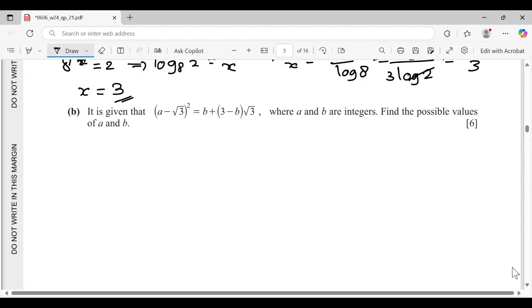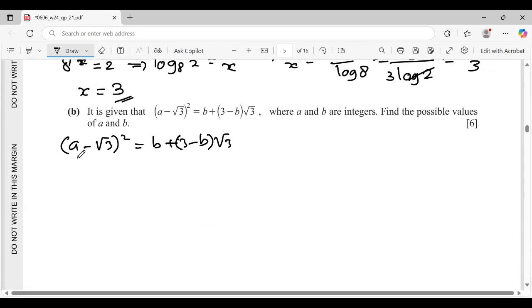Next question. It is given that (a minus square root 3) squared equals b plus 3 minus b square root 3, where a and b are integers. Find the possible values of a and b. So (a minus square root 3) squared equals b plus 3 minus b square root 3.